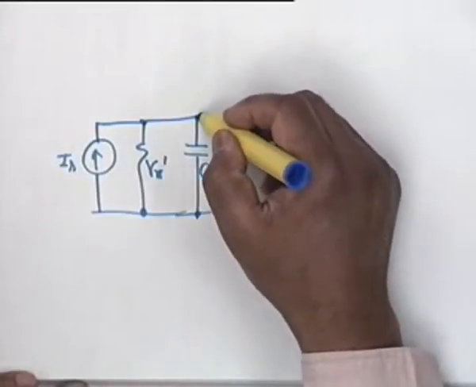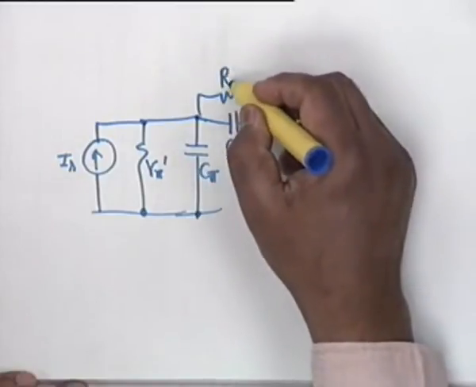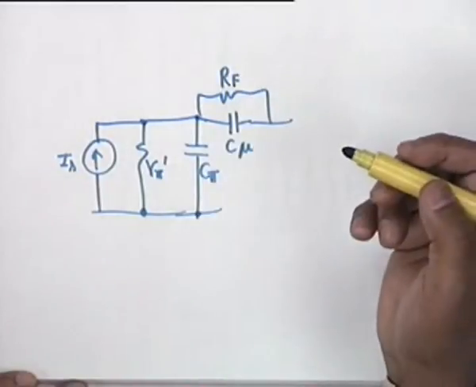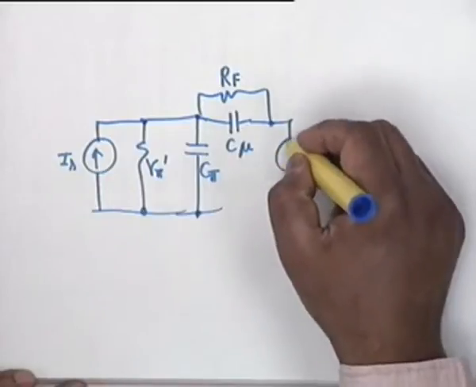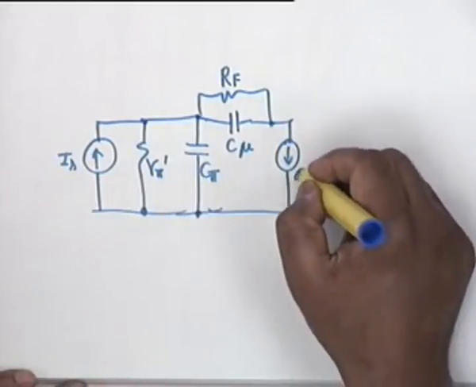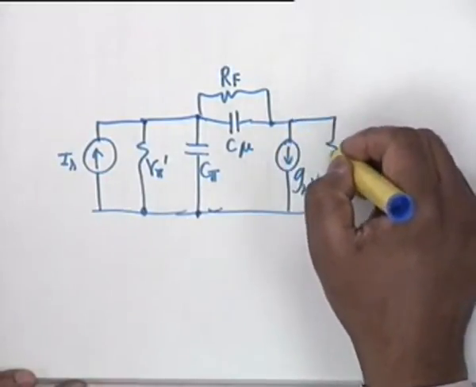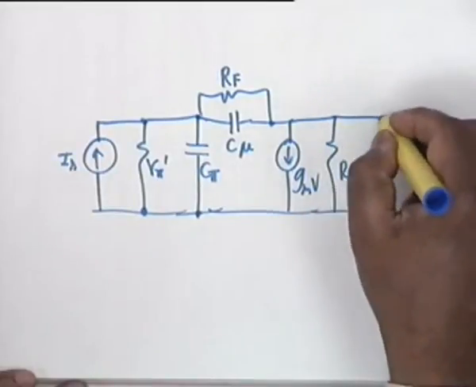Let's draw the exact equivalent circuit in terms of its expansion, because we want to isolate the capacitors C mu. Then this is GMV, RL, and V0.